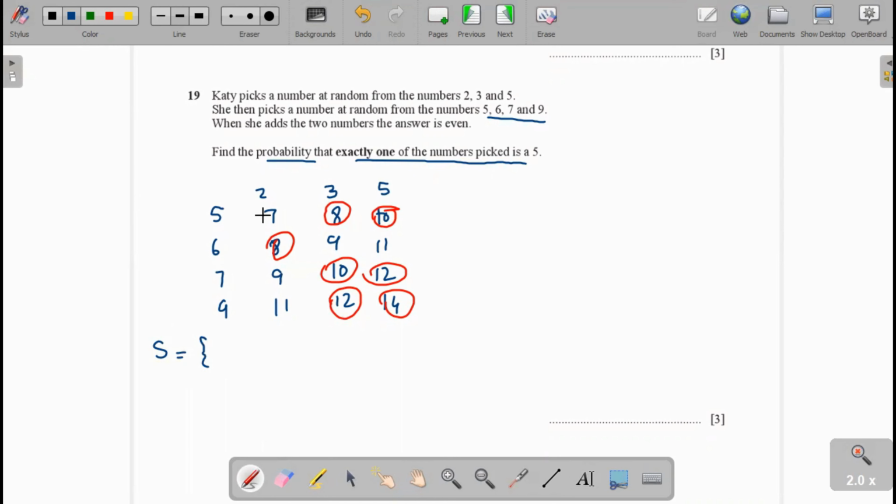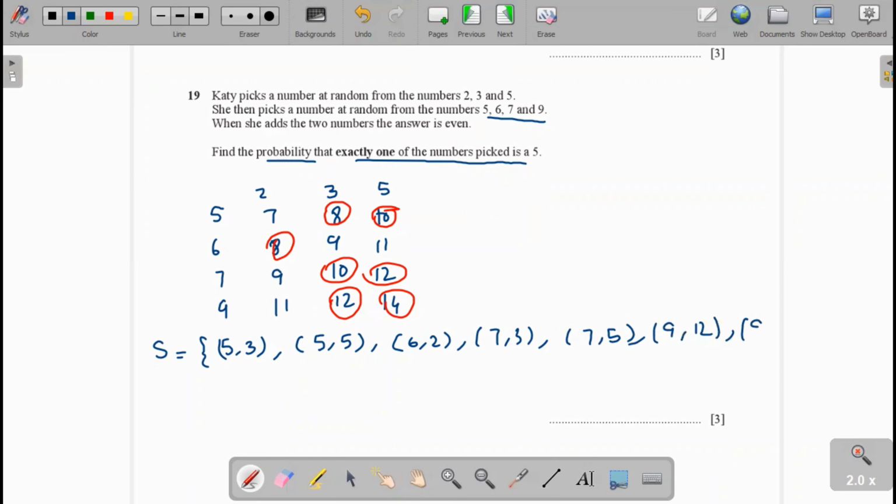You see, this is 5, 3. Then the second outcome, 5, 5, 6, 2, 6, 7, 3, and 7, 5, 9, 3, 9, 5.